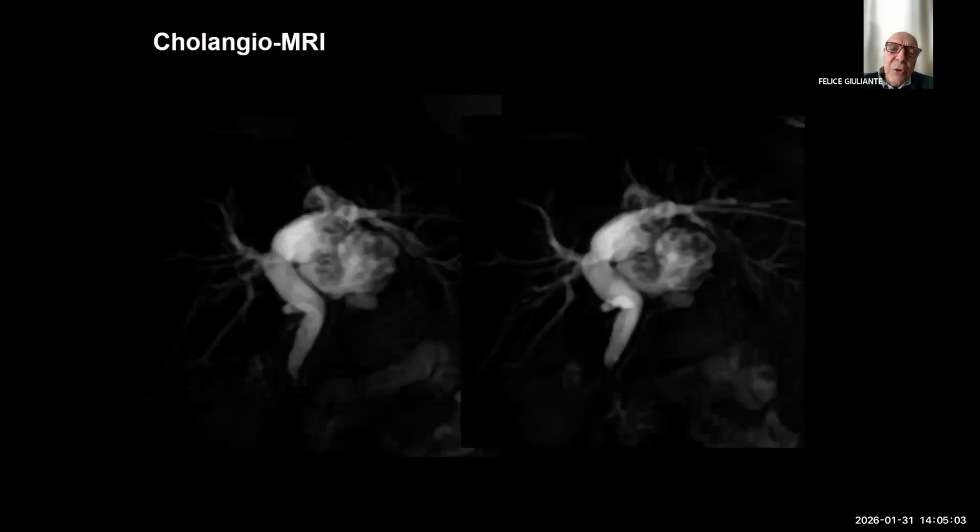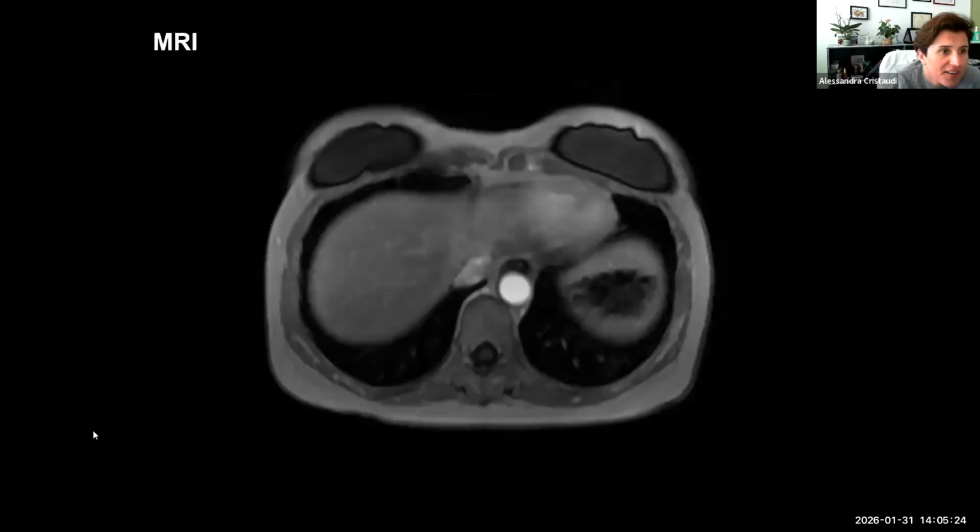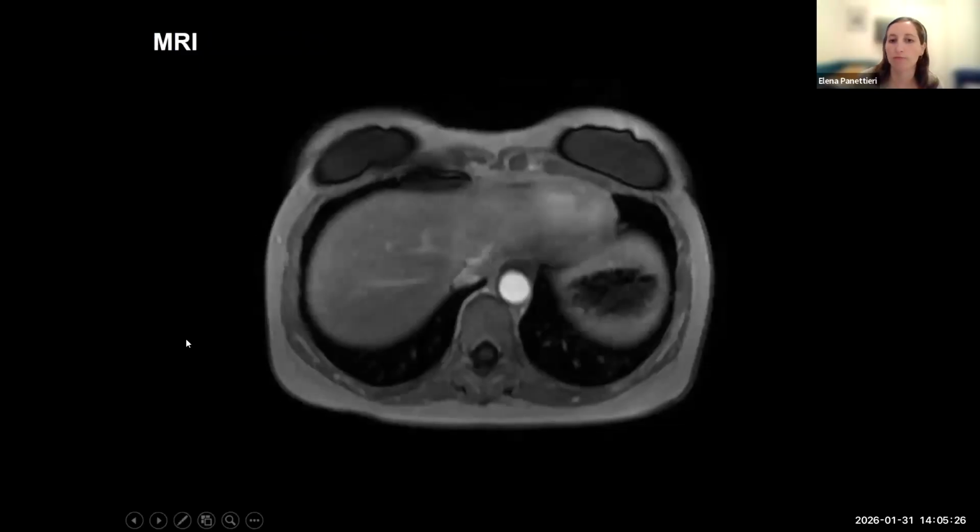Elena, if you can show the cholangio, I don't know if you have all the sequences. No, there were not many sequences. Those two were the most relevant, I would say. Fine. I can show that to you again if you want.